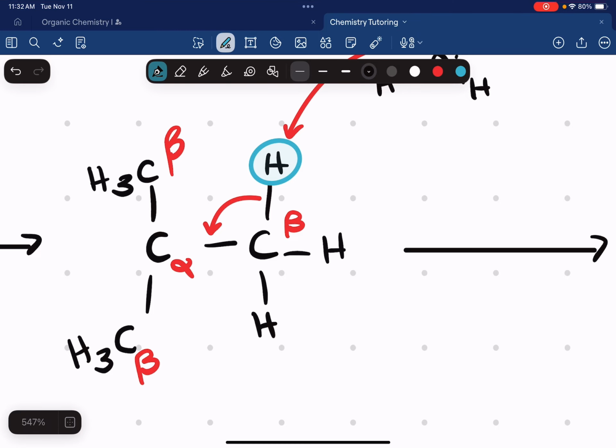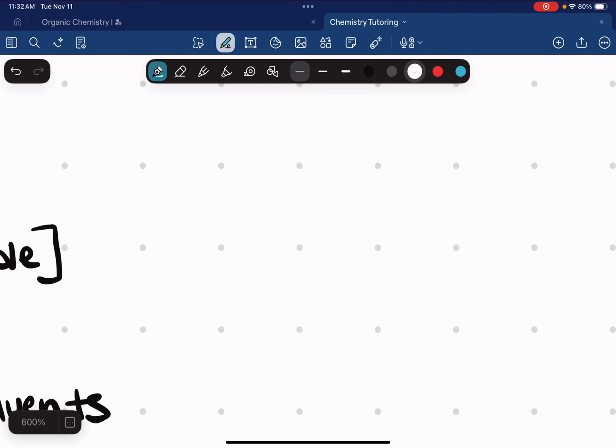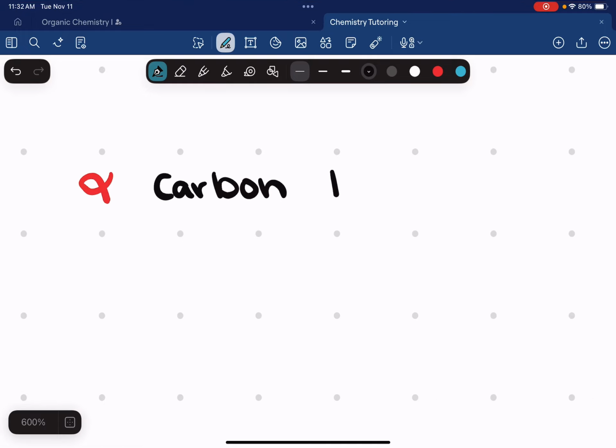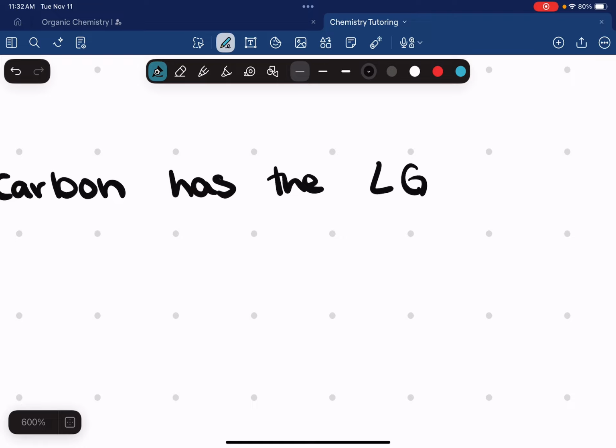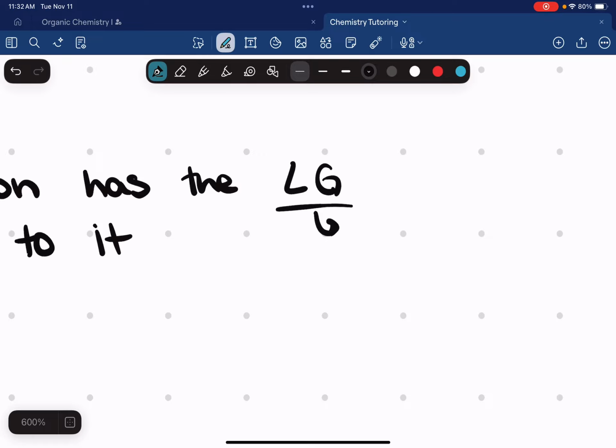So identifying the alpha carbon and the beta carbon is going to be the most important thing. The alpha carbon, here, I'll make note of that, has the leaving group attached to it, AKA alkyl halide.